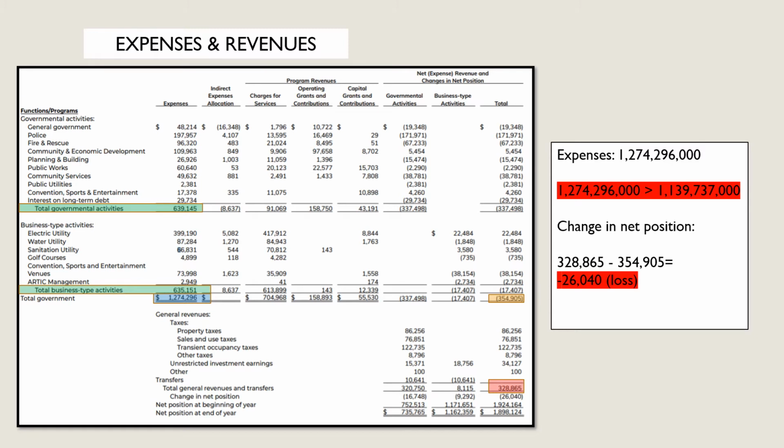The negative number indicates that the city experiences a loss of money. Therefore, the fiscal health of Anaheim does not look so good, since the money available to pay for government activities is way lower than the expenses, while the city is experiencing a loss of money.